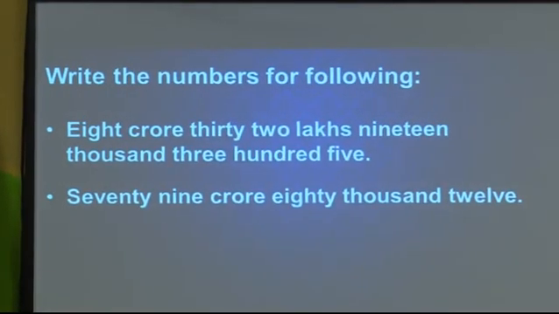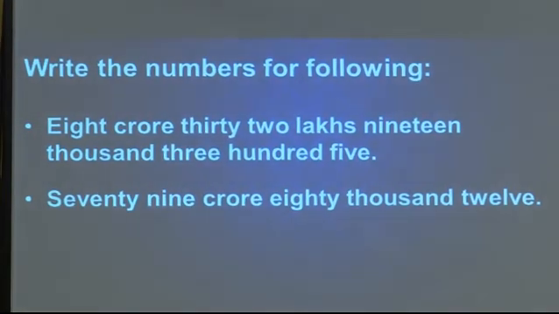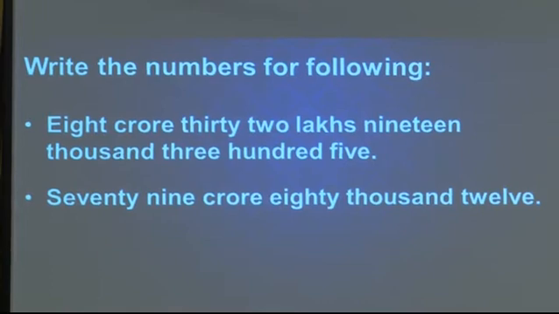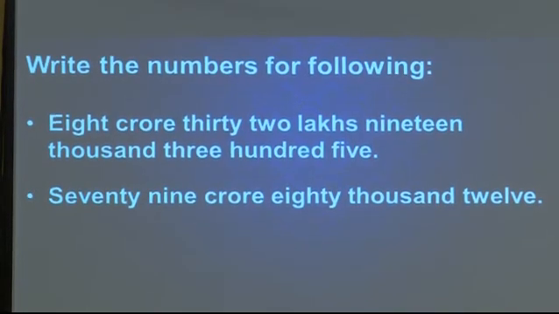Now, write the numbers of the following. In the previous slide we had seen that numbers were given and we had written the number names. Now, number names are given to us and we have to place them in the value chart.